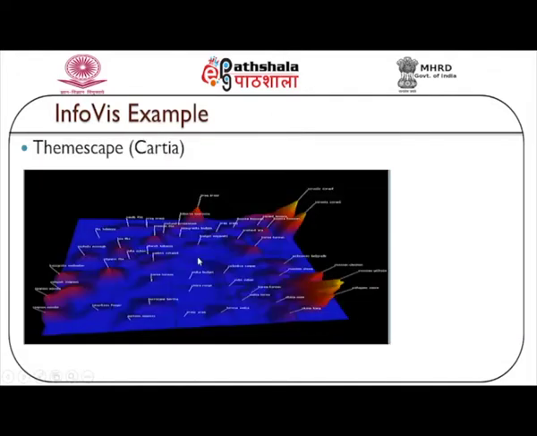Next is a themescape. The next information visualization example is a themescape generated by SPIRE. It talks about the entire document, showing the document and the occurrence of themes in it. Suppose the document theme is about a sports item.